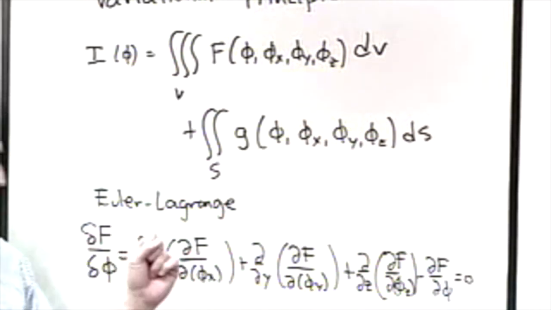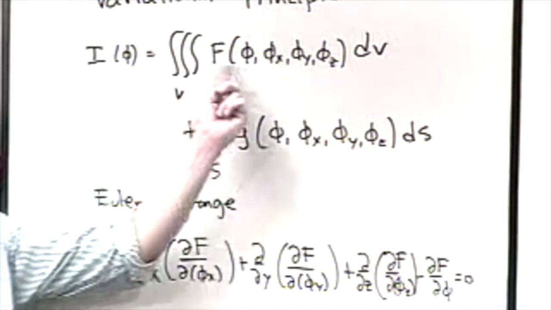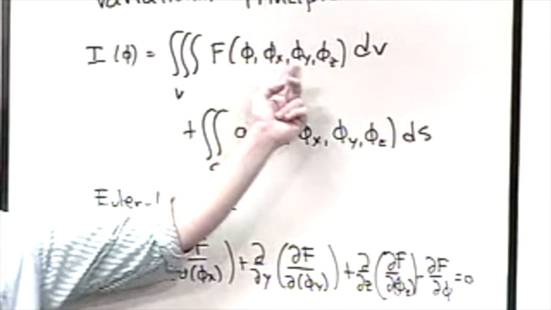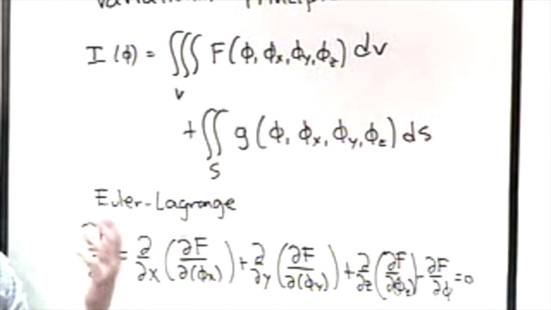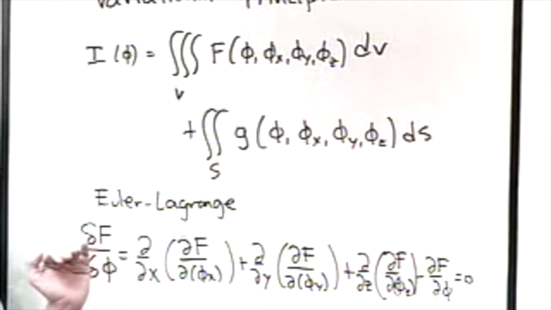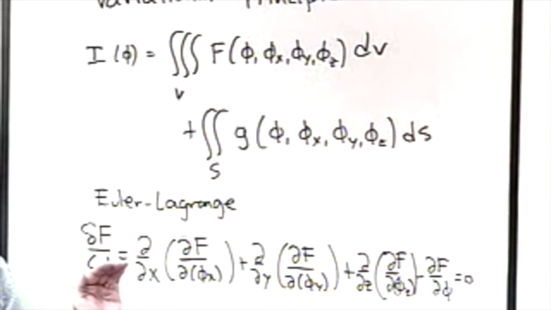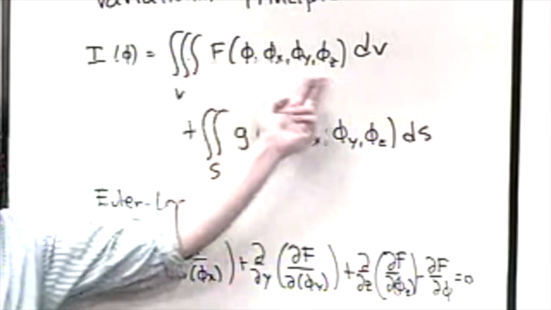What it is you say, well, take my function f, it's a function of phi, phi x, phi y, phi z. So what the variational derivative means is to say, and I want to take this thing to be set to be 0. So I'm taking derivative with respect to a function, and this function depends upon all these variables.